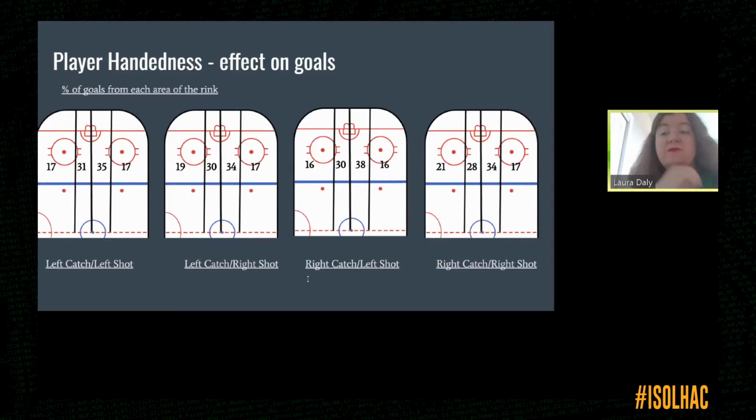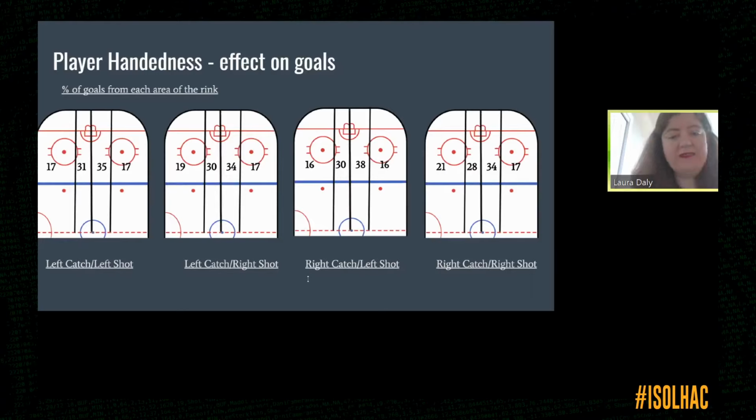So I think what we are seeing here is there's a bias to the right-hand side. If you think about how goals are usually scored on an angle, that probably makes sense.